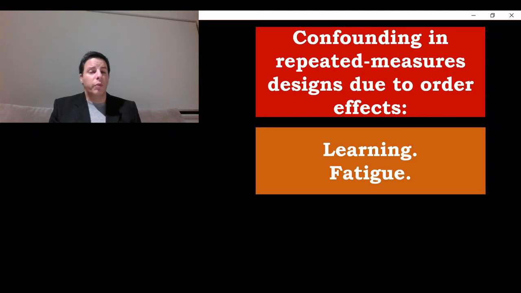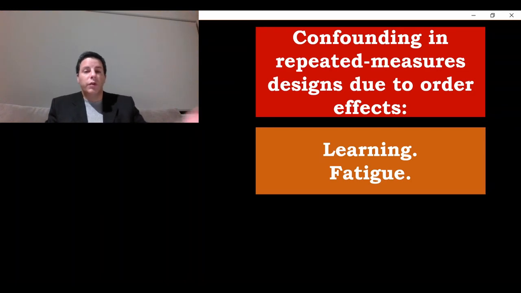So, what's the problem here? The problem is that if we've got condition A presented first and condition B presented second, and we want to compare the difference between A and B, we want to see whether they differ, the difference that we find in our study may be due to the difference between the 2 conditions, but it may also be due to differences in learning or to differences in fatigue.